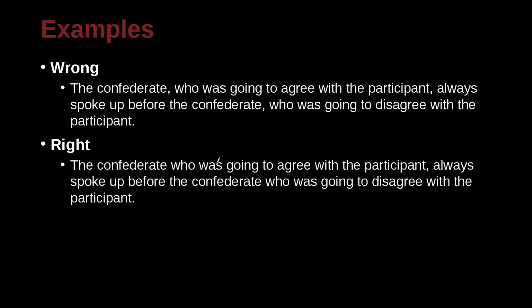The Confederate who was going to agree with the participant always spoke up before the Confederate who was going to disagree with the participant. So here our difference is the comma here, and then we have the comma up here, which is the same. So the question again is: is this an independent or dependent clause?